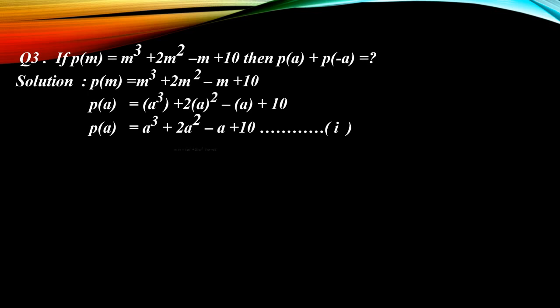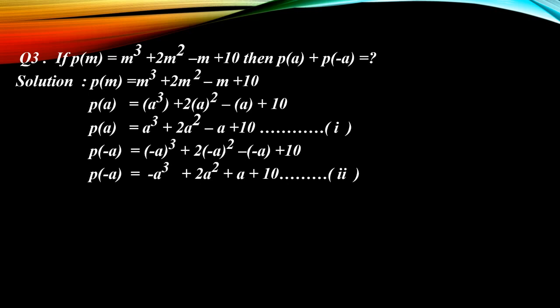Equation number 1. Now we will find P(minus a). Substituting m as minus a, we get (minus a) whole cube plus 2 into (minus a) square minus (minus a) plus 10.